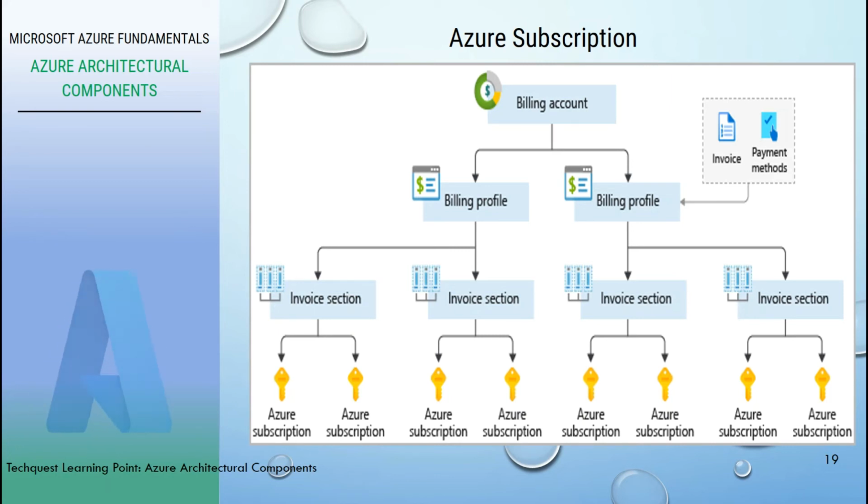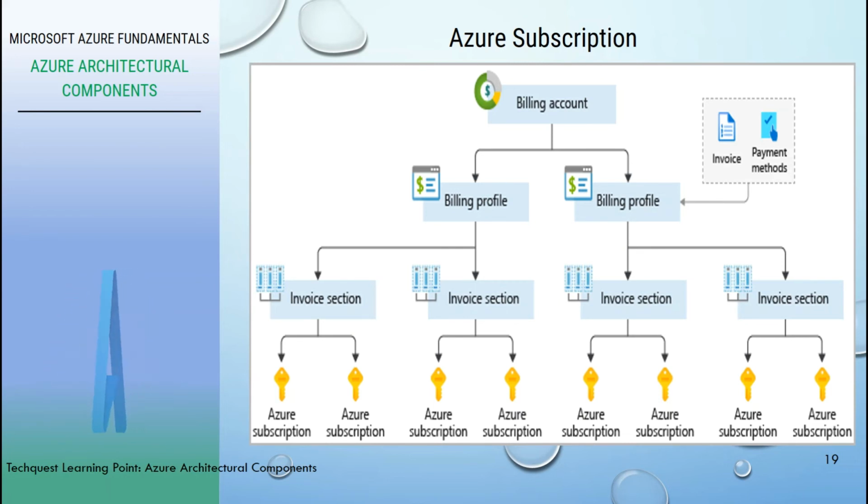As an example, let's consider a business where different departments are available and need to apply distinct Azure subscription policies. This billing model allows you to manage and control access to the resources that users provision with a specific subscription. Multiple subscriptions can be organized in invoice sections as per requirement.